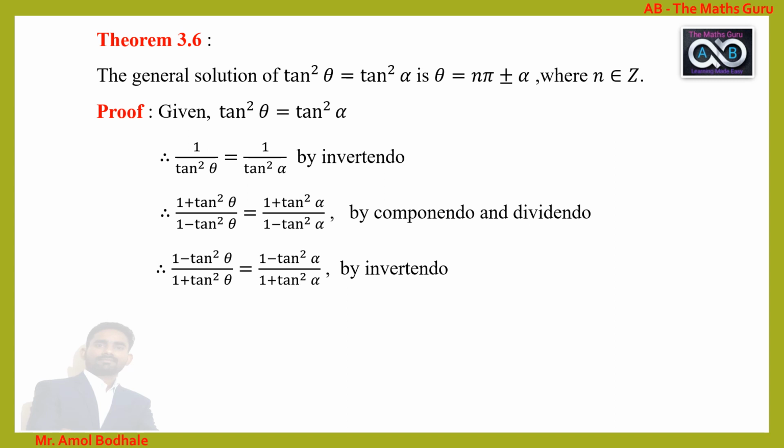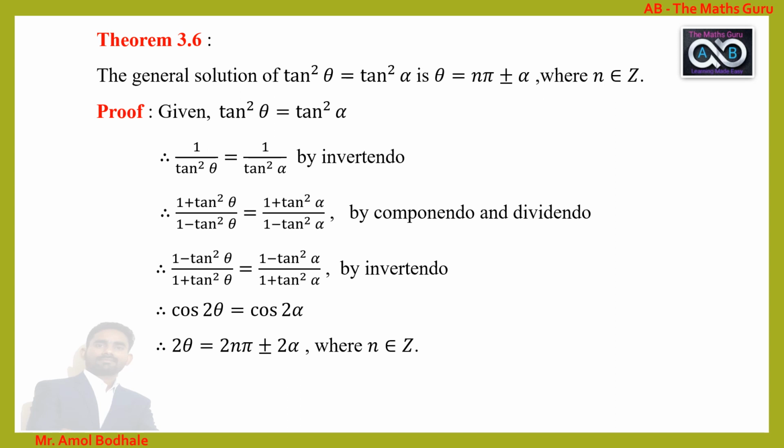Now exactly these are the formulas you have learned in 11th: cos 2 theta can be written as (1 minus tan square theta) upon (1 plus tan square theta). Similarly, cos 2 alpha can be written as (1 minus tan square alpha) upon (1 plus tan square alpha). So again here we get cos of 2 theta equals cos of 2 alpha. So we can compare this.